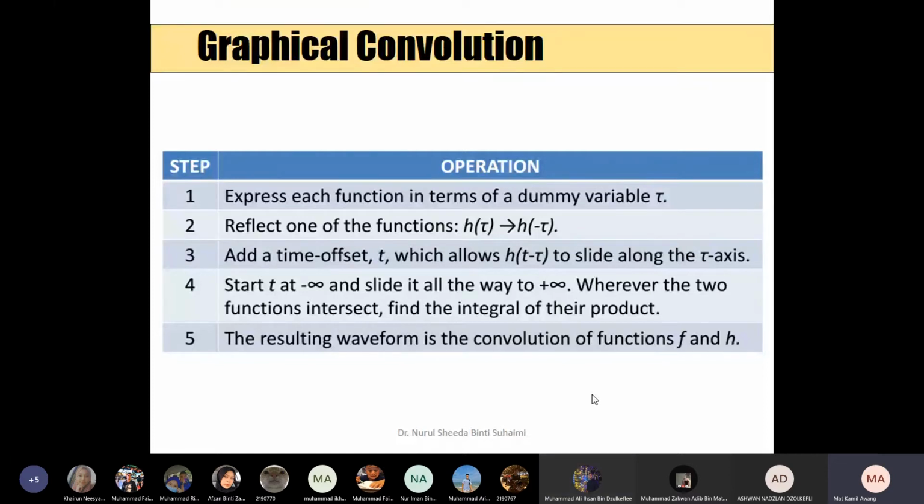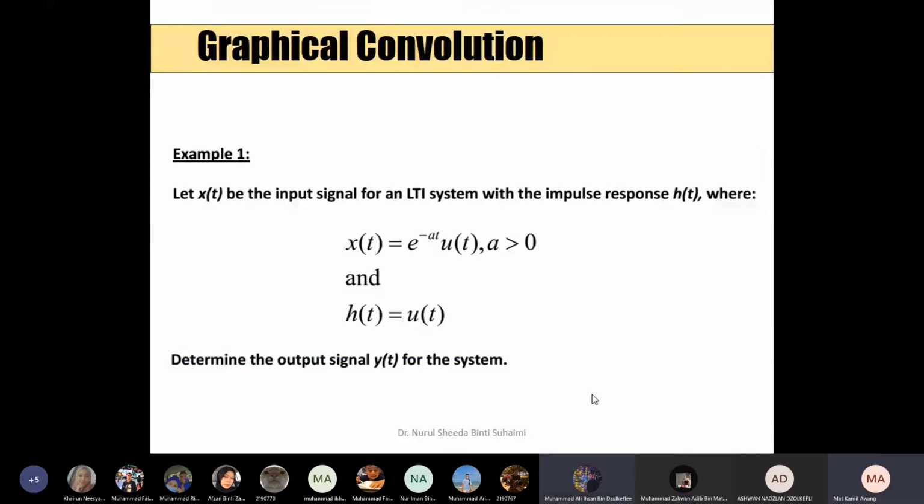In the video just now, instead of h, we called it g. So g of t minus tau is moving, starting from t minus infinity until t plus infinity. And the resulting waveform shows at the bottom in the video. So that is the animation for this graphical convolution. So let's say we take an example.